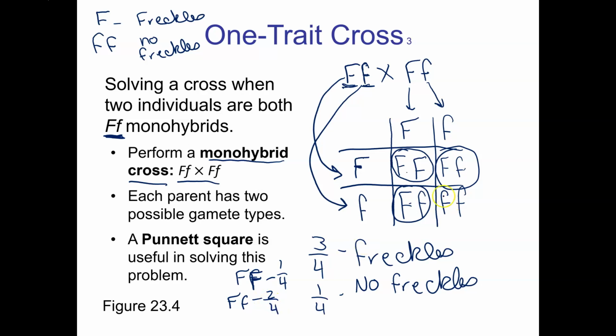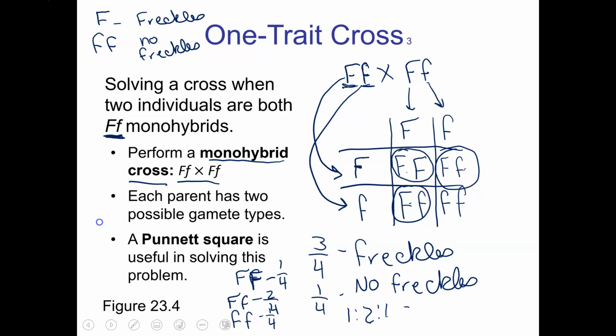And then we have 1/4 that are little f, little f. And so we have a 1:2:1 ratio of homozygous dominant, heterozygous, and homozygous recessive.